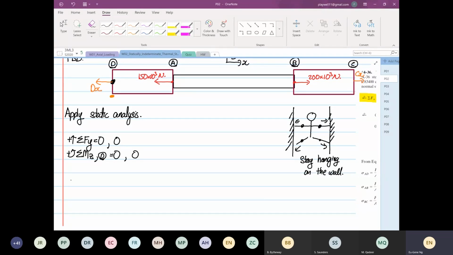Then the last one is you can do summation of forces in the x direction is equal to what? 0. Okay. So you will have minus dx, minus 150 times 10 to the power 3 plus 200 times 10 to the power 3 plus cx is equal to 0.